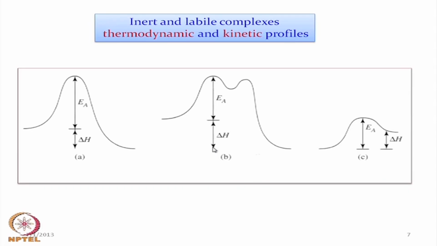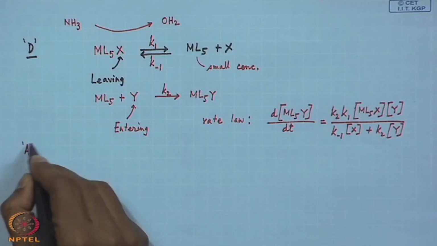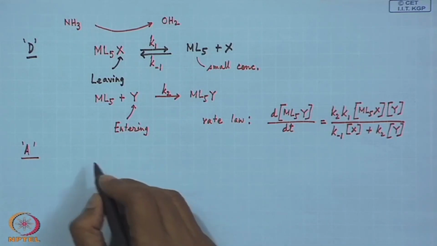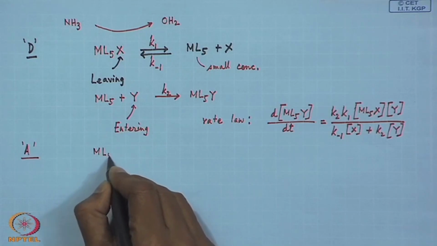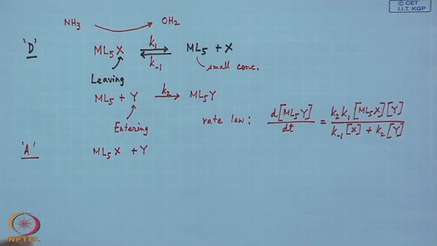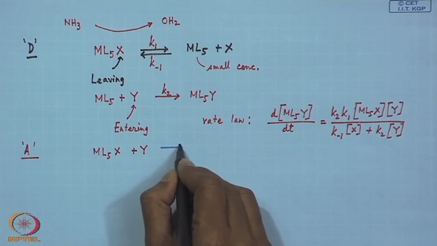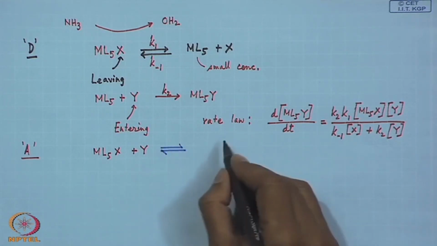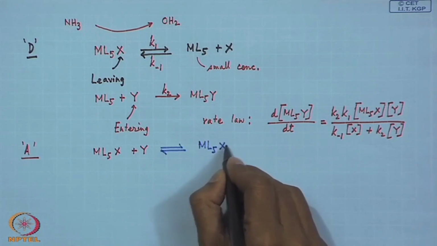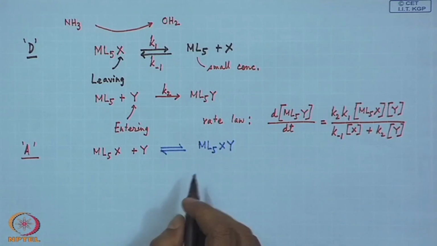And when we consider these reaction profiles, we can also consider the reaction as the associative pathway, where ML5X is reacting straightaway with Y, and both way reaction can give rise to ML5XY, that means the associated form.